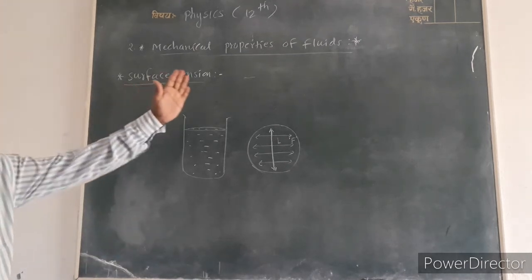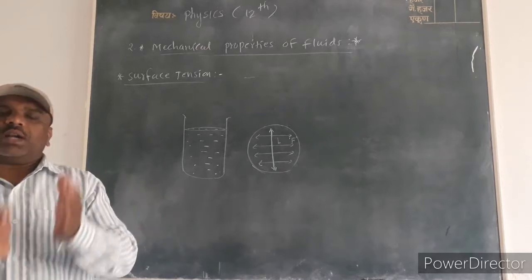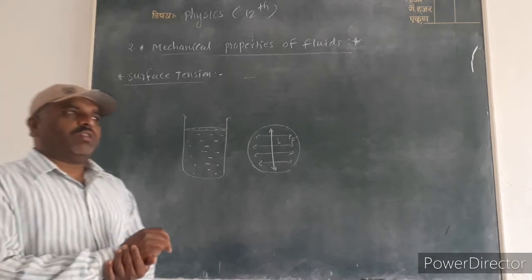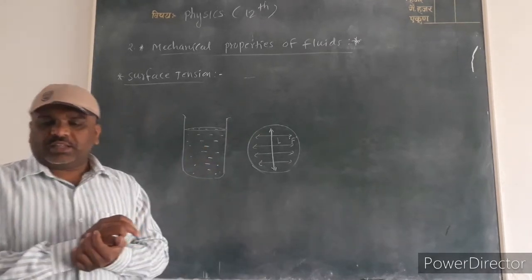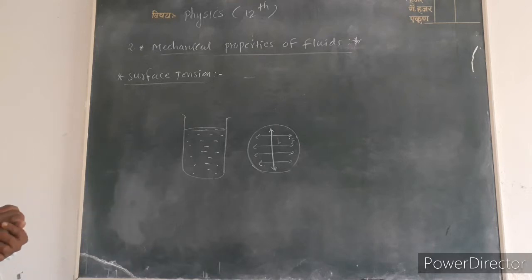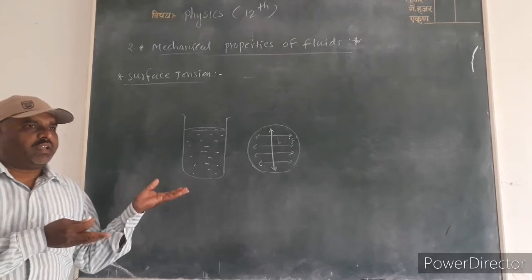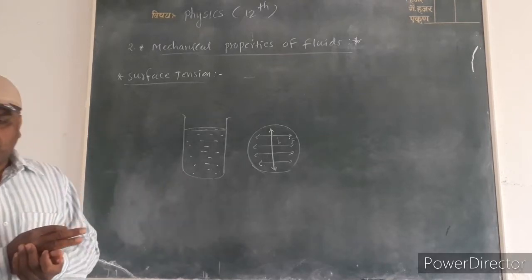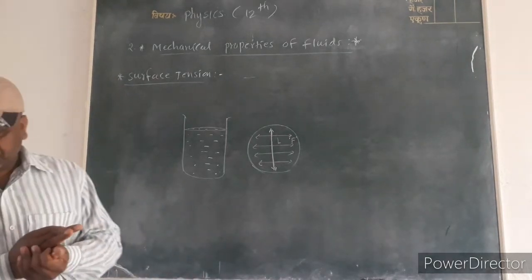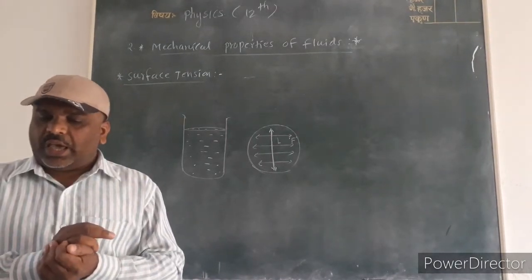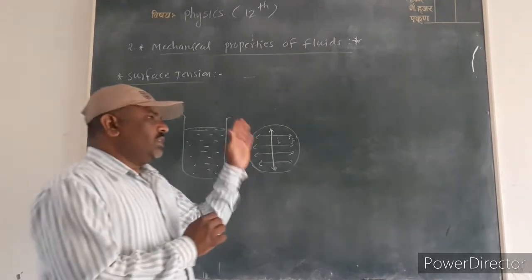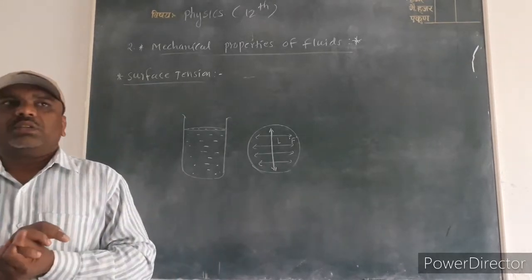Surface tension is nothing but what appears when the liquid or water is at rest. When the liquid is at rest, it shows very interesting properties called surface tension. This is one definition. Another definition of surface tension: the tangential force acting per unit length of this surface.